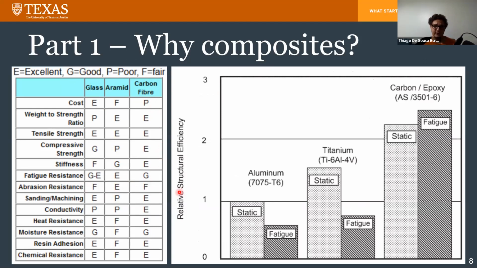Abrasion resistance is fair, in terms of it's easy to cut through with abrasives, which for us is actually pretty good because then we can cut the carbon fiber to the shapes that we want. The excellent abrasion resistance of aramid ends up hurting us because if we try to cut it, it becomes harder for us to cut, but it's very good against something that's rubbing on it constantly from actually breaking the composite.